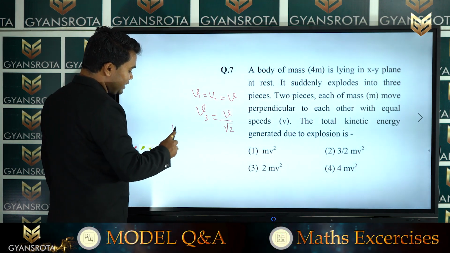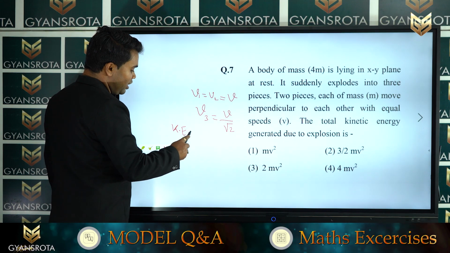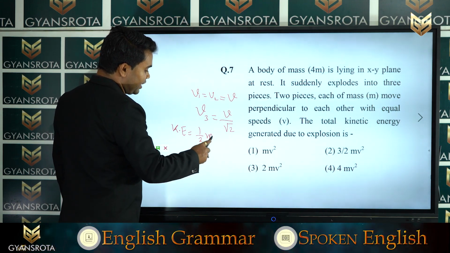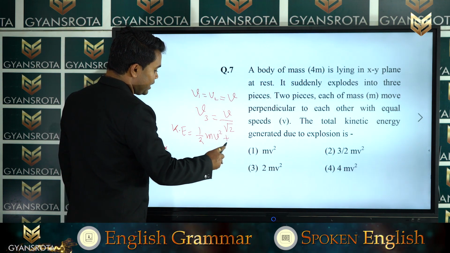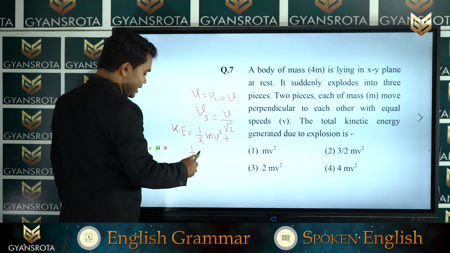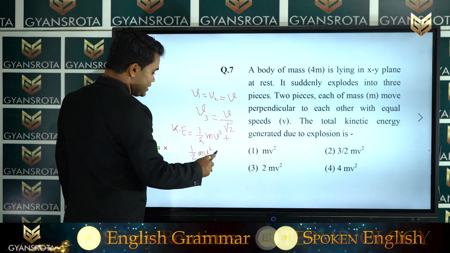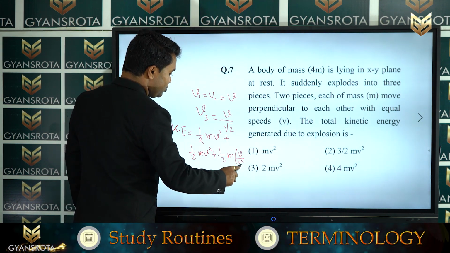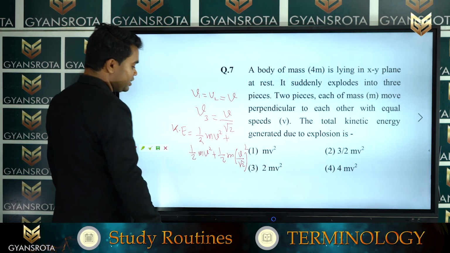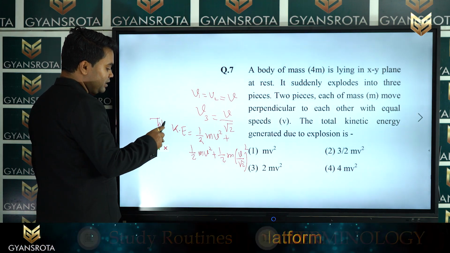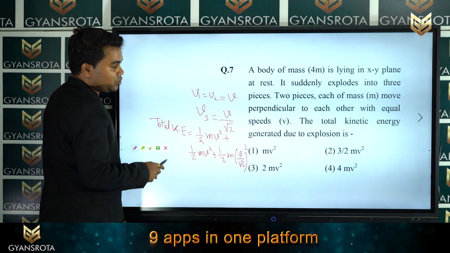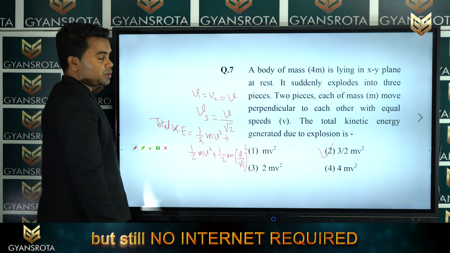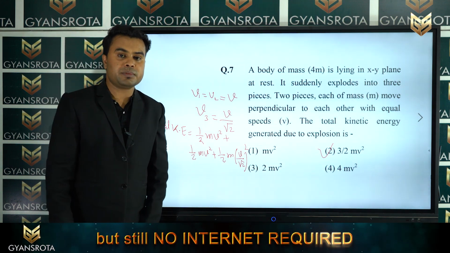Now the total kinetic energy will be equal to half m v square plus half m v square plus half m (v by root 2) whole square. So the total kinetic energy will be this. Fine. So at last your answer will be option number 2, 3 by 2 m v square, right? So this is number 7.